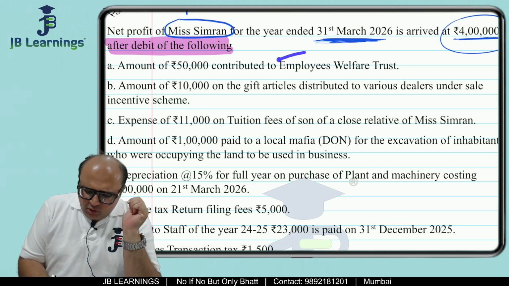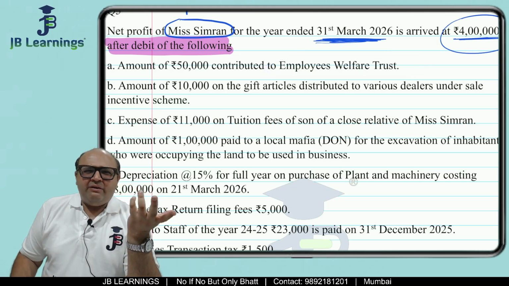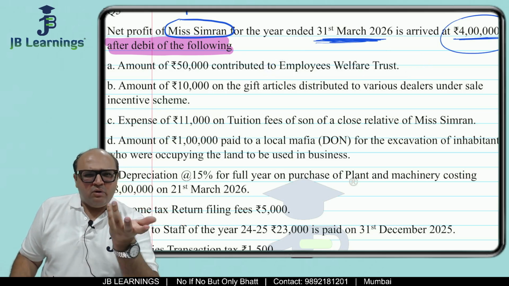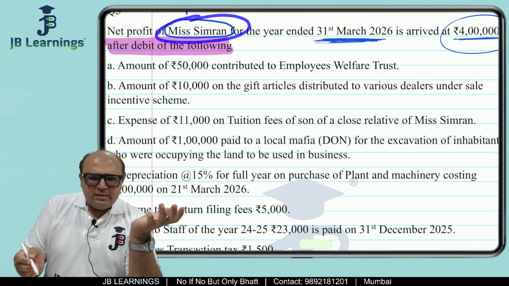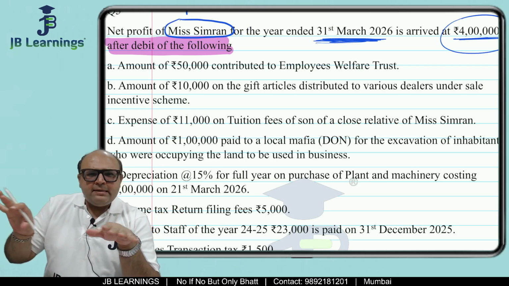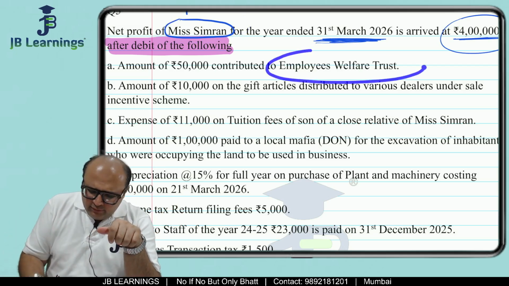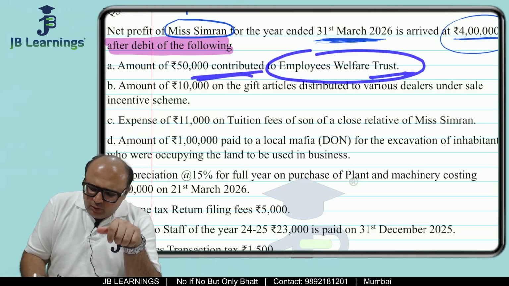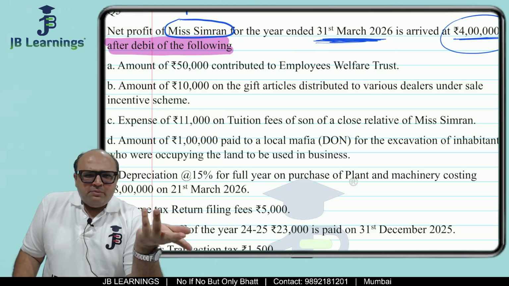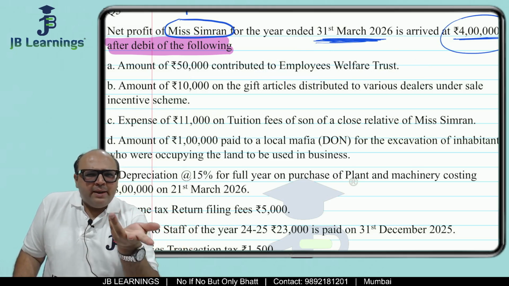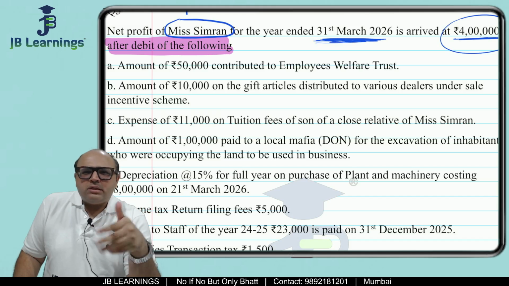But there is nothing called employees welfare trust in section 36(1). So basically what Miss Simran has done is, she has set aside some amount for employees' welfare and contributed some amount to the trust. But this is not like a current year expenditure. No amount has been spent like salary, bonus, commission.